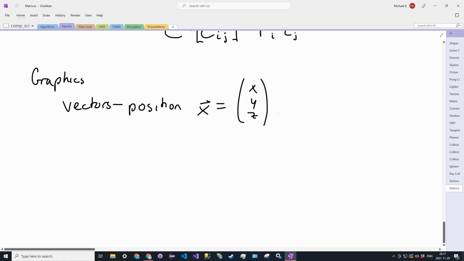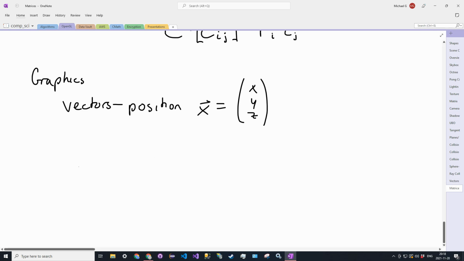It should come as no surprise to you that since we were talking about matrix vector multiplication, maybe we're going to try and multiply this vector by a matrix to do some sort of transformation. And by transformation, I mean translation, so moving the vector, or rotation, or scaling of the vector.